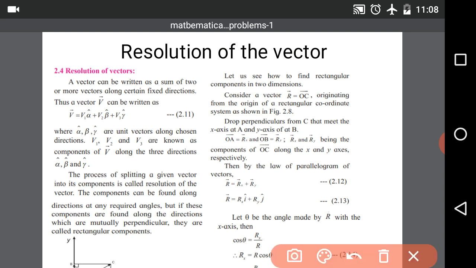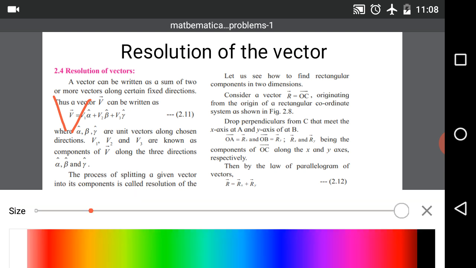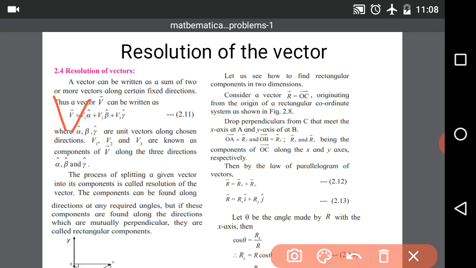Suppose you are given a vector like this, say v. That v can be resolved into three components.